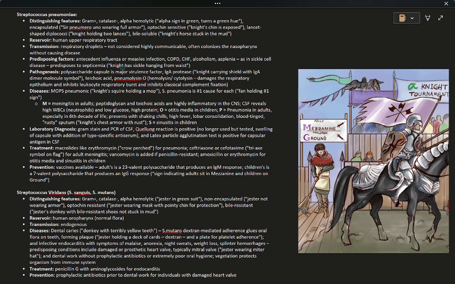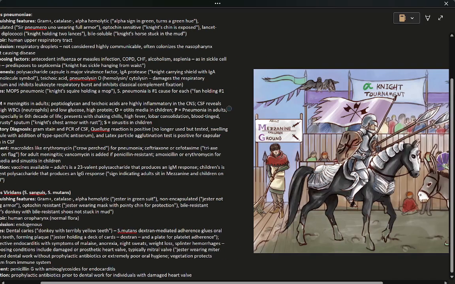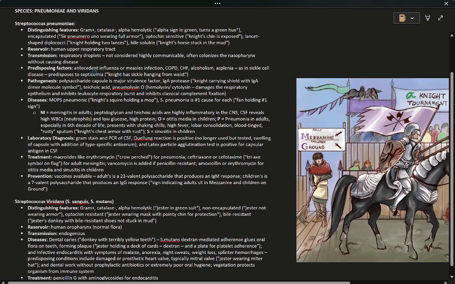You can remember this by thinking about the knight that has a sickle hanging from the waist. Looks like that's over here. So once again, remember that the following things predispose an individual to septicemia involving Streptococcus pneumoniae. They include antecedent influenza or measles infection, COPD, CHF, which stands for congestive heart failure, alcoholism, and asplenia, such as in sickle cell disease.